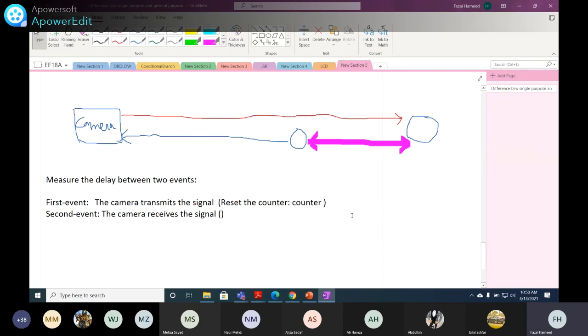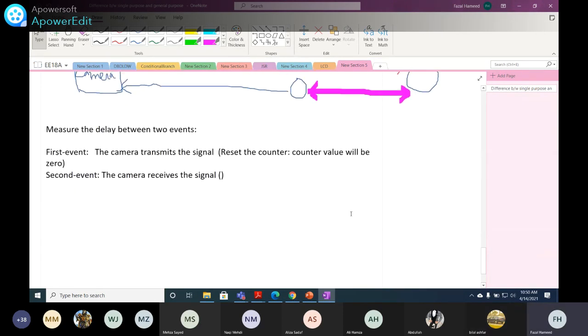The counter value will now be 0. Am I right or not? Right, sir. And if you receive the signal, what should we do at that point? We have reset the counter. Counter value will be 0, and then also start the counter.